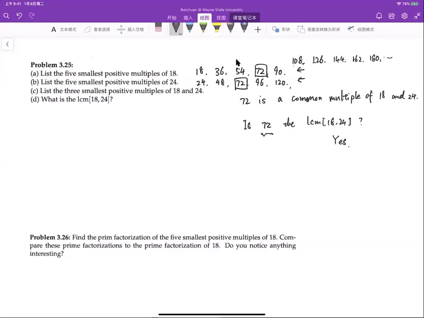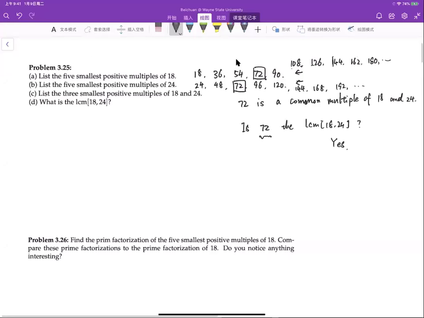For 24, the next ones are 144, then 168, 192, and so on. So you can see that we have found the next one: 144 is in both lists. So 72 is the first one, and 144 is the next one.